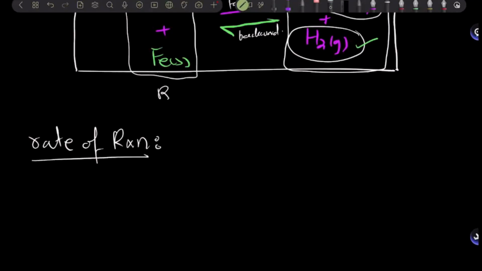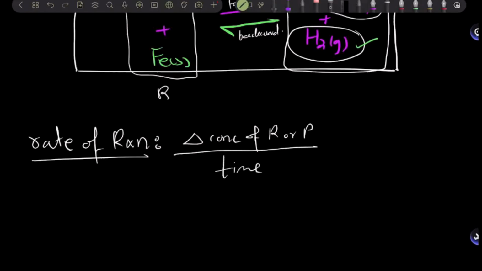How fast the reaction occurs? Change in concentration of reactant or product divided by time, right? That is rate. It tells you how fast the reaction is. If the value of rate is very large, that means the reaction is very fast. It takes very less time to convert the reactants into products or product into reactant.